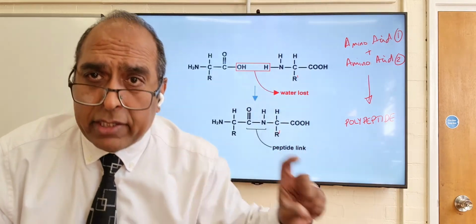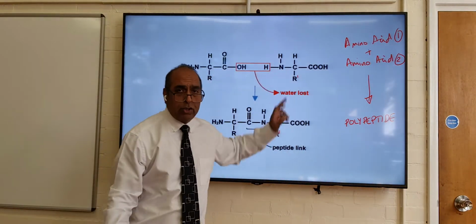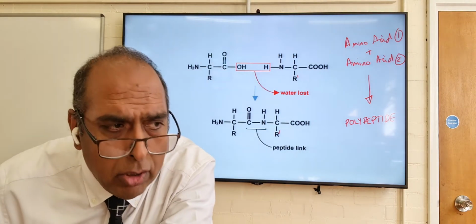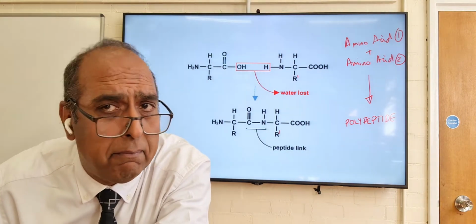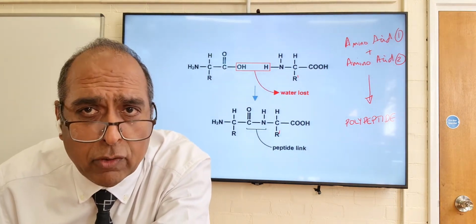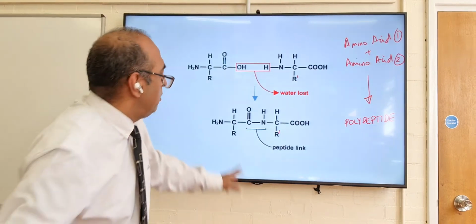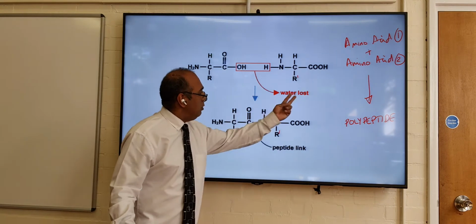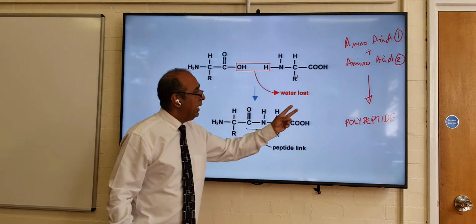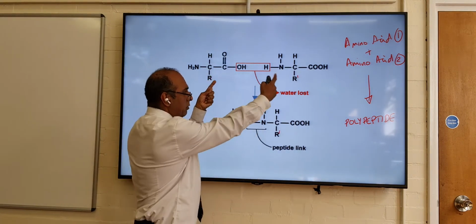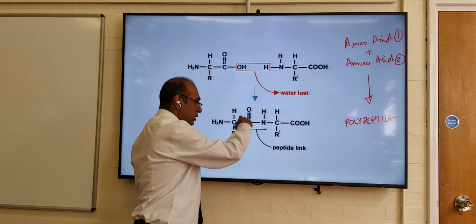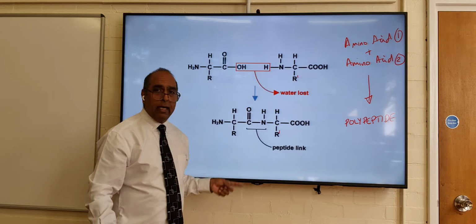So the amino acids, like that one and that one, two amino acids, they are like the monomers in these polymerization reactions I've been talking about. And what happens with the monomers is they link together, they kick out water. Each time one amino acid and another amino acid link together, they kick out water, and this link, called a peptide link, links them together.